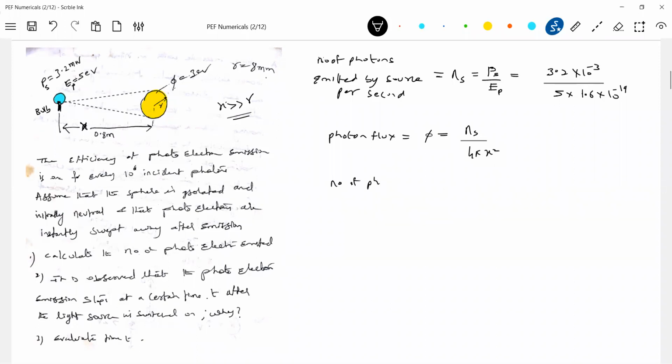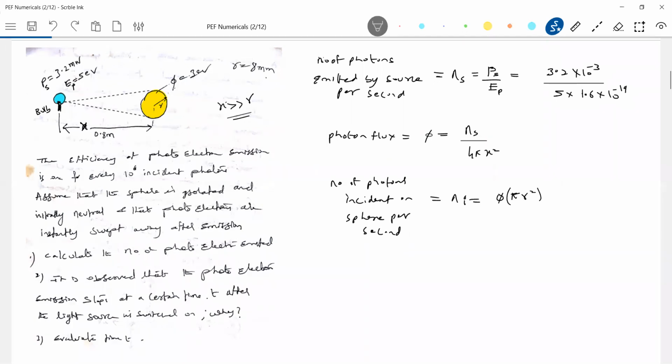So the number of photons incident on the sphere per second, Ni, is equal to the photon flux into effective area. Don't take 2 pi r square. By this time, in fluid mechanics you have come across that the effective area should be pi r square here. So we got the incident photons.